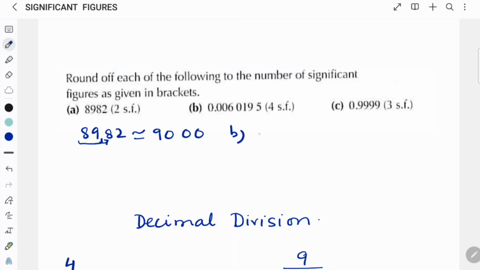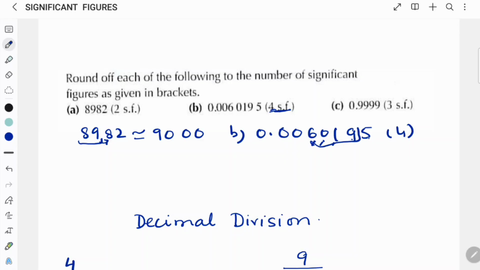Now part B, fourth significant figure, 0.00600195. In this video you are also understanding the number of significant figures and rounding off, and after that you will estimate the number. The number has 1, 2, 3, 4, 5 significant figures, but you have to round off to 4. So 4 numbers end at 1, 2, 3, 4.